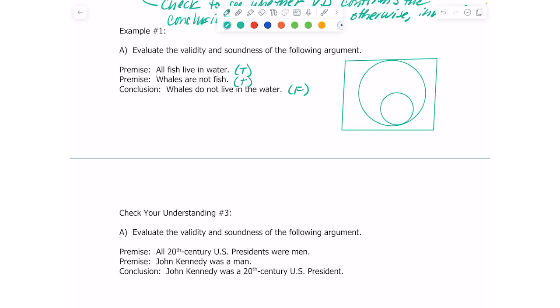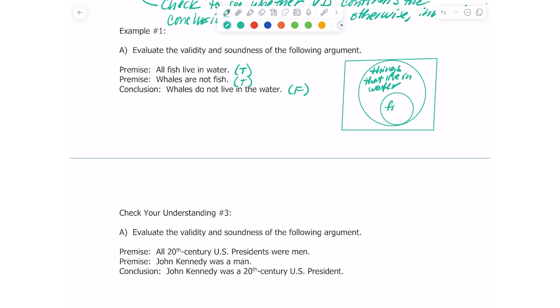So what would be the larger circle here? Well, we're talking about things living in the water, right? And we know that fish aren't the only things that live in the water. There's other things. So for the larger circle, we're just going to pretend that's going to be things that live in the water. And fish are a subset of that, right?